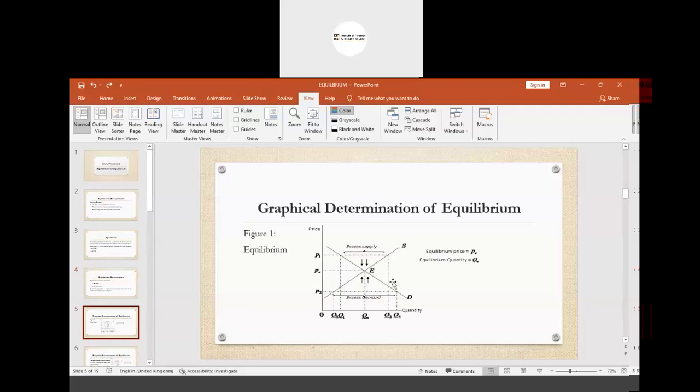The point where the two intersect is the equilibrium, and the price at that point is known as the equilibrium price and the quantity as the equilibrium quantity.